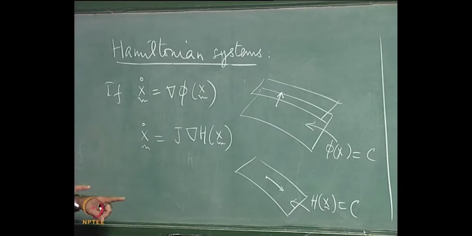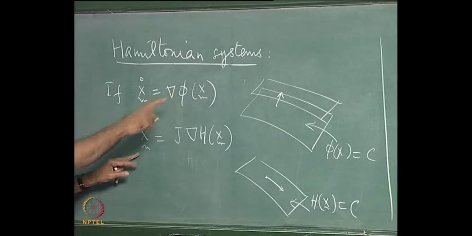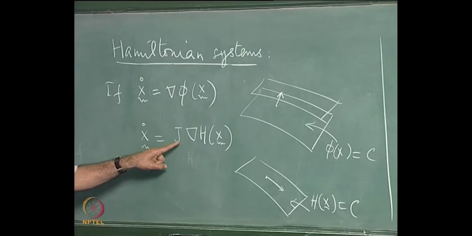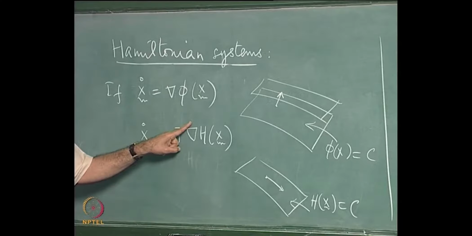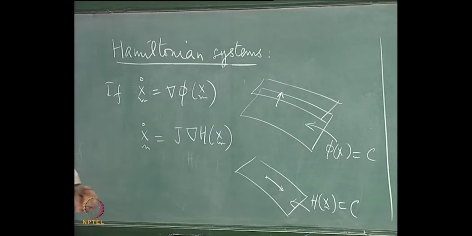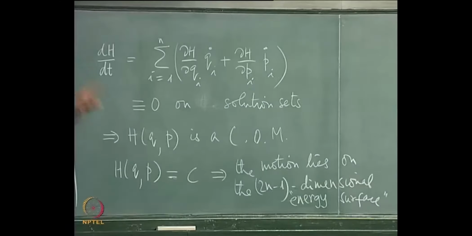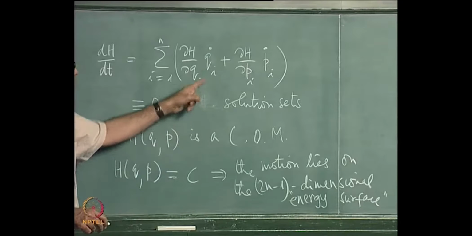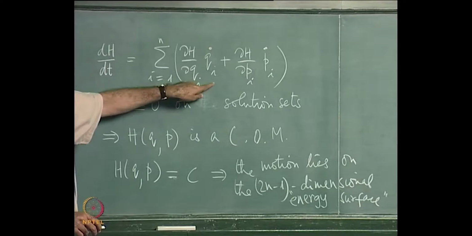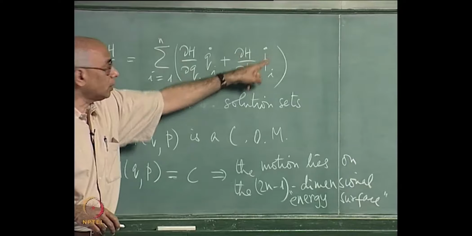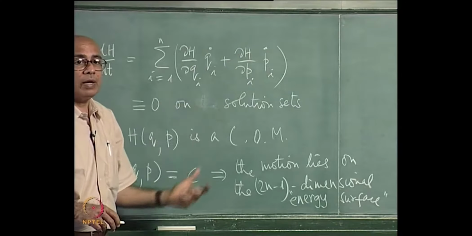It also ensures that the derivative of the nth plus first component of x, which is p1, is minus the derivative of H with respect to the first component. So this minus sign that J introduces pairwise ensures that H itself is a constant of the motion identically, because if I substitute ∂H/∂p_i here and minus ∂H/∂q_i here, this bracket vanishes identically.